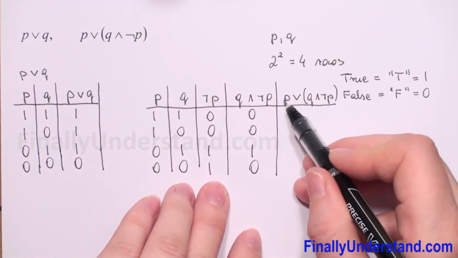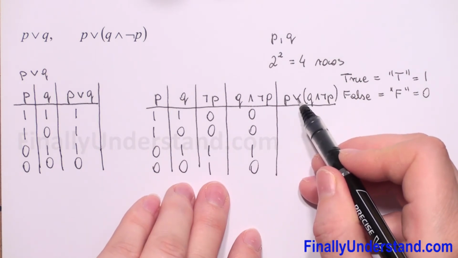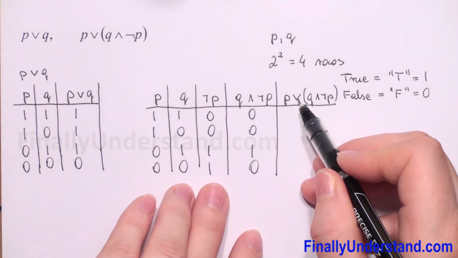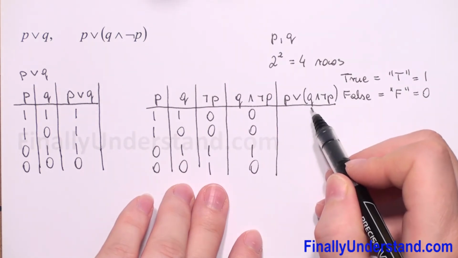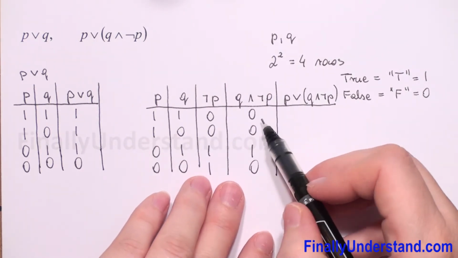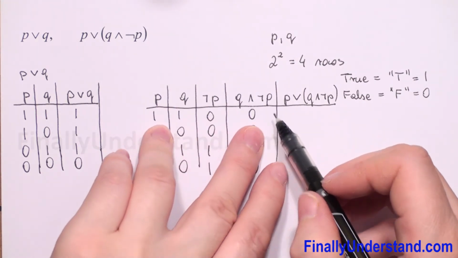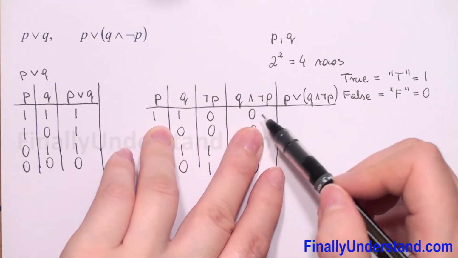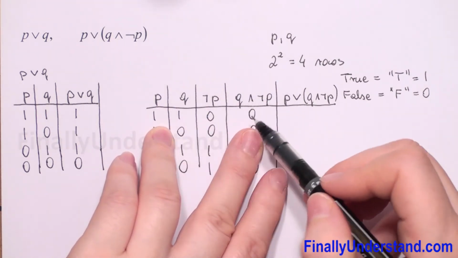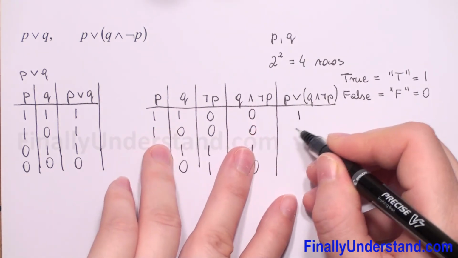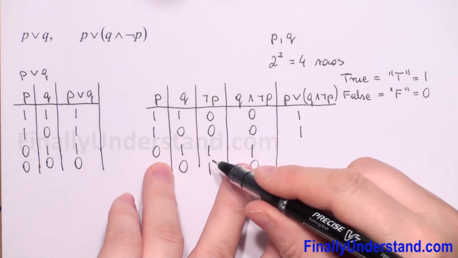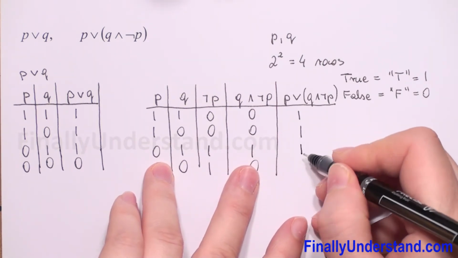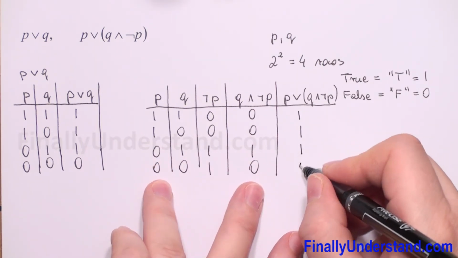In the last column we have the symbol or, so we have a disjunction, and a disjunction is false only when both statements are false. So we look at P and the fourth column: 1 or 0 is 1, 1 or 0 is 1, 0 or 1 is 1, and 0 or 0 is 0.